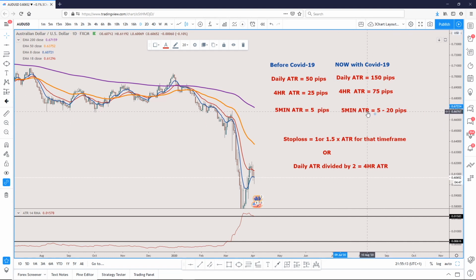You can trade the higher time frame like the daily chart, but remember, your stop loss is potentially 150 pips, which is quite large.